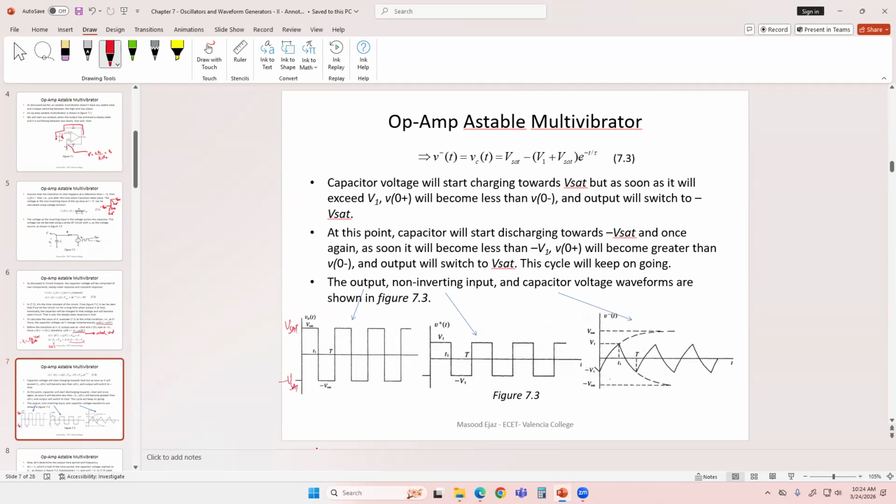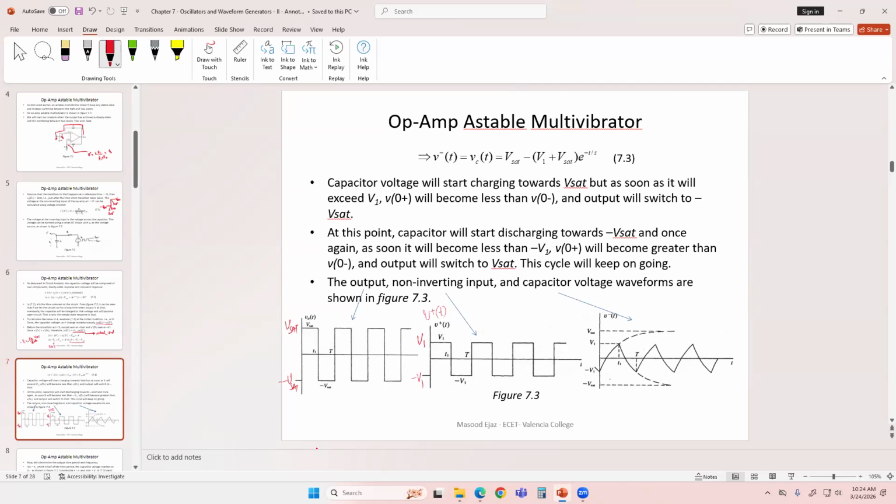At t is equal to 0, it switched from negative VSET to positive VSET. This is the voltage at your V positive, the non-inverting input, which is switching between V1 and negative V1. And then this is the capacitor voltage that shows you the pattern of charging and discharging of the capacitor.